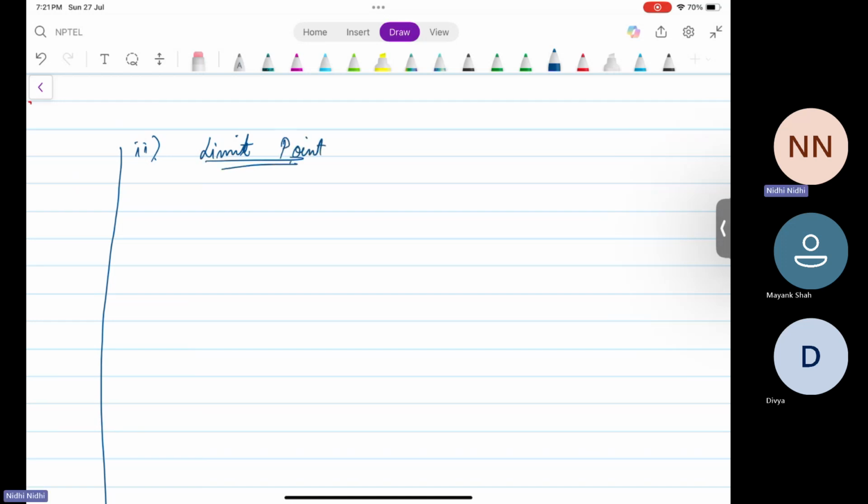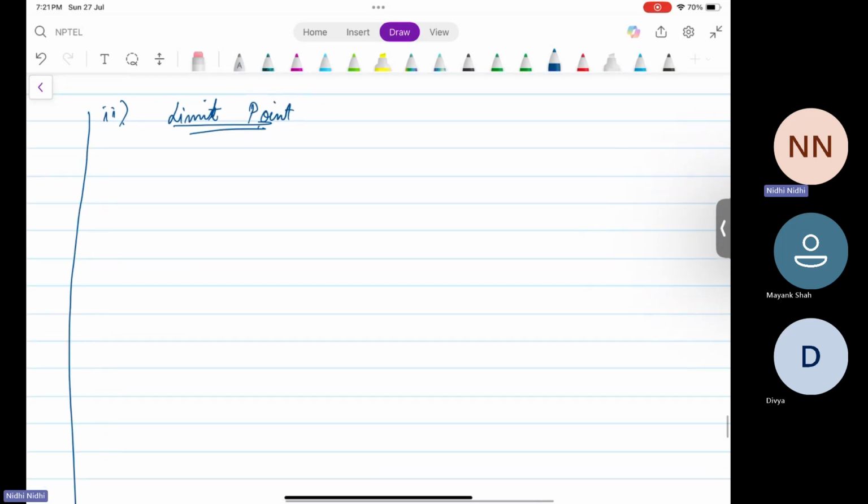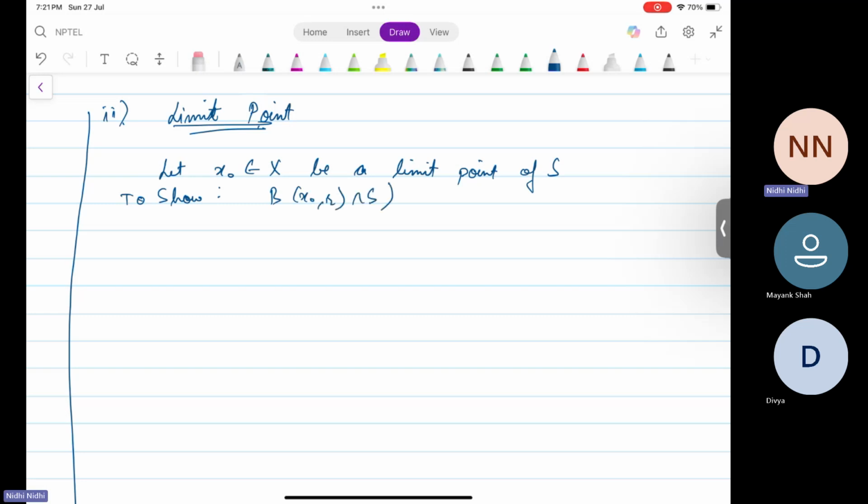Now let x naught, an element in X, be a limit point of S. We need to show that B(x naught, r) intersection (S minus x naught) is non-empty for every r positive.